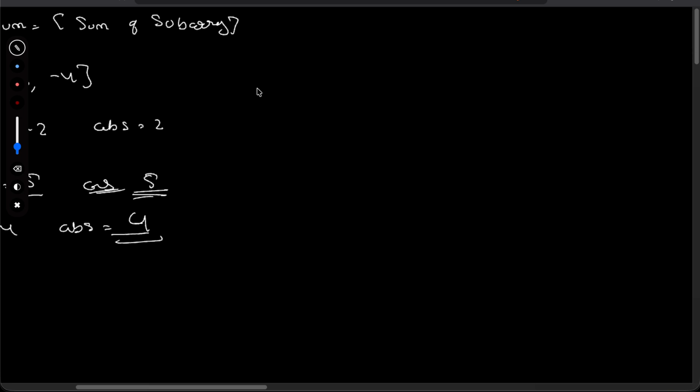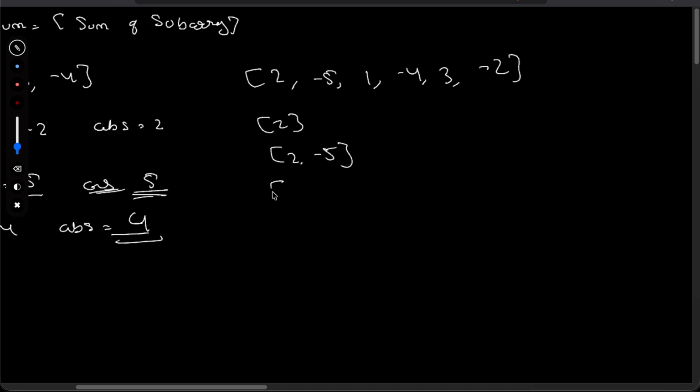If we have nums like 2, -5, 1, -4, 3 and -2, let's make subarrays of this: 2, then 2 and -5, then -5, 1, -4, and 3, -2.